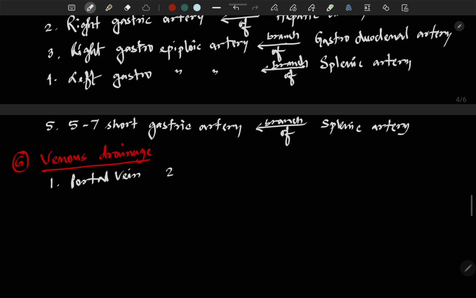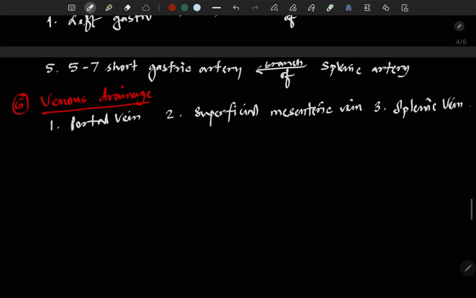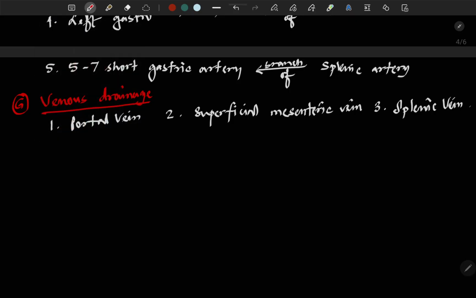Number 2, superior mesenteric vein. Number 3, splenic vein. These are the 3 venous drainage. Next we'll go to lymphatic drainage.